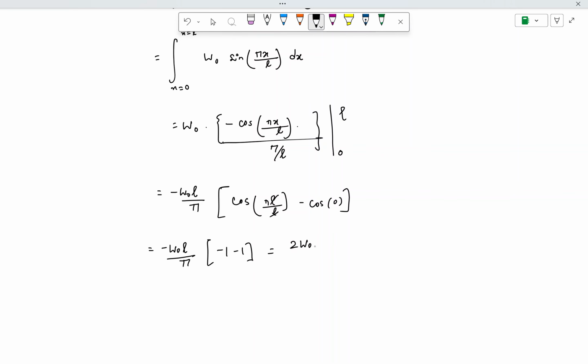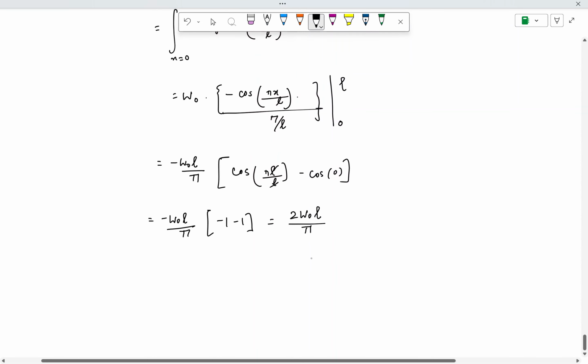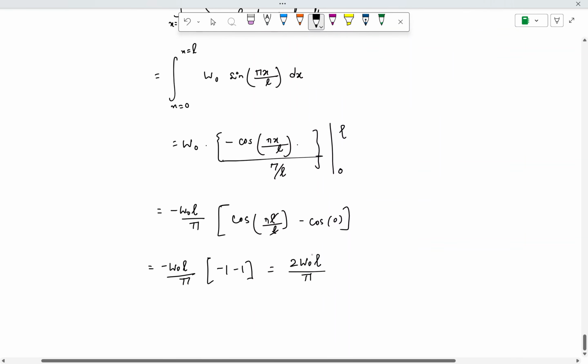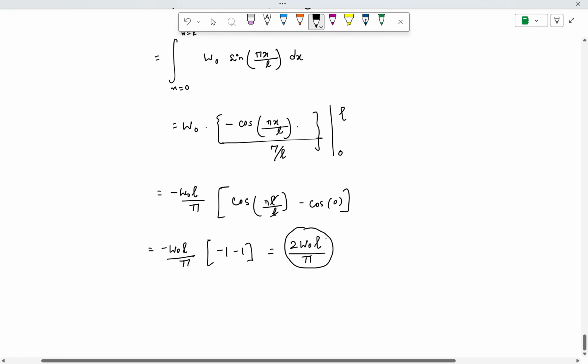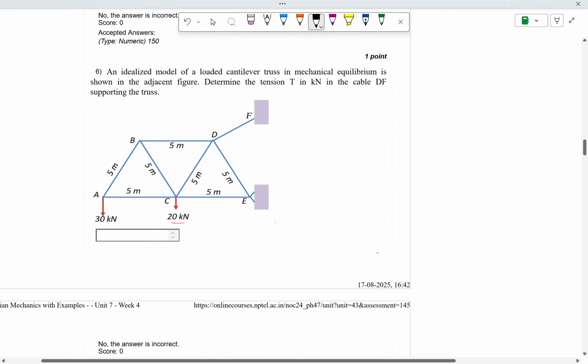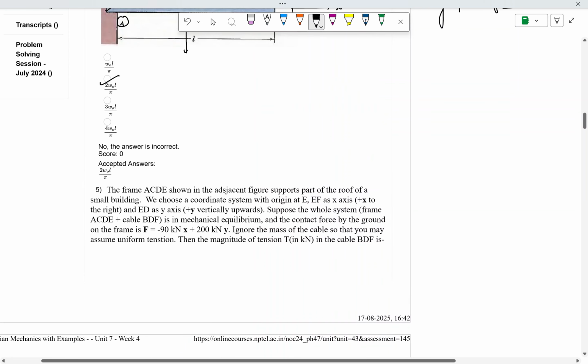This is 2 W naught L by pi. This is your answer for the vertical reaction force component. This is also the correct answer. So we have obtained the answer.